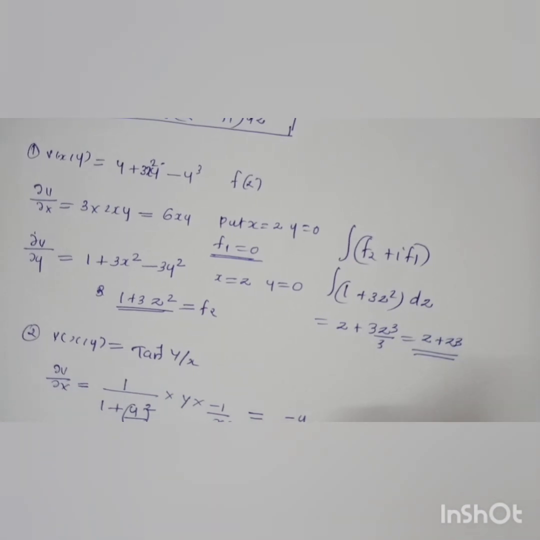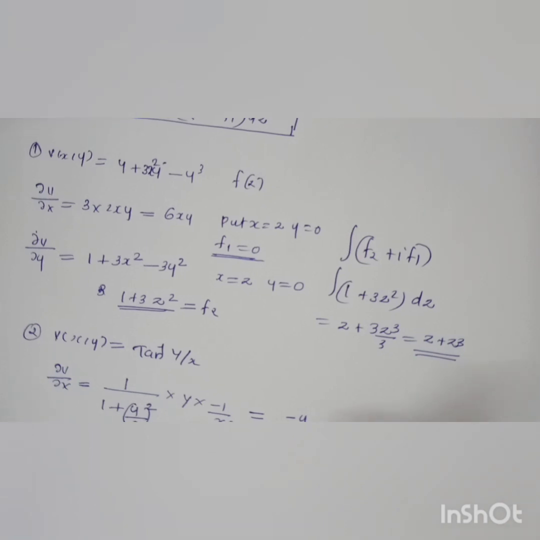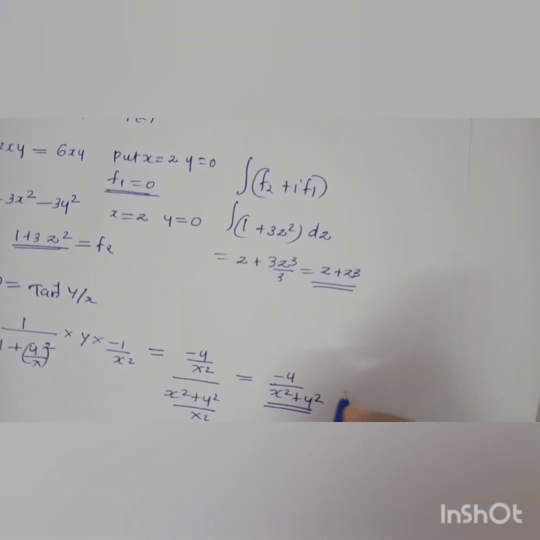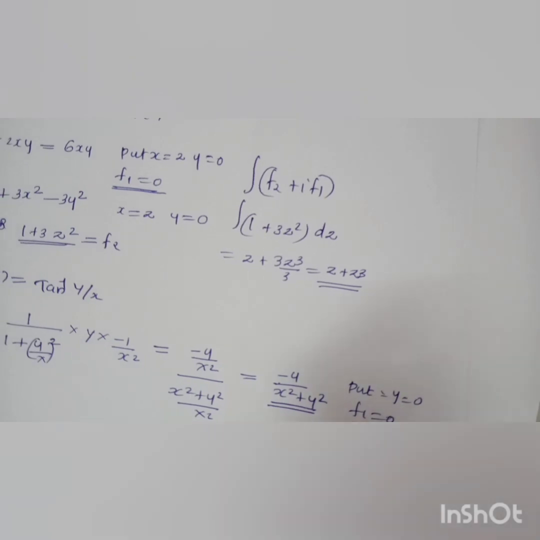So we get minus y divided by x square plus y square, and putting y equal to 0, we get f1 equal to 0.